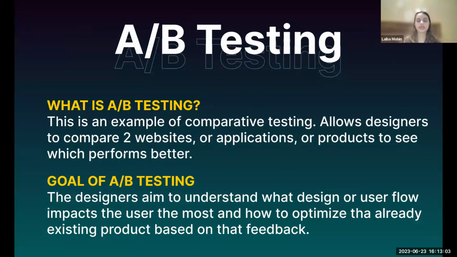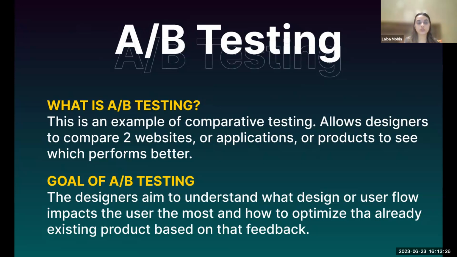Now, next up, we have your A/B testing, right? So A/B testing is simply an example of your comparative testing, right? A/B testing is comparative testing, and then your usability testing is experiential testing. So in A/B testing, you're not interacting with the users.